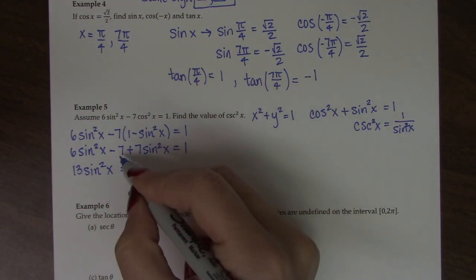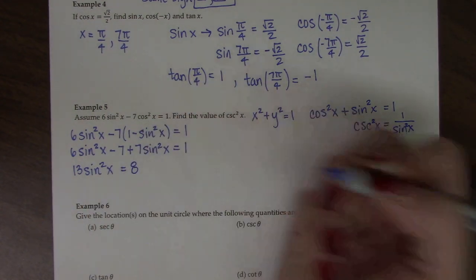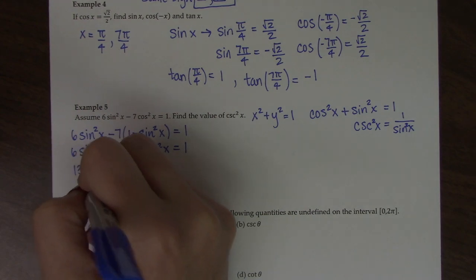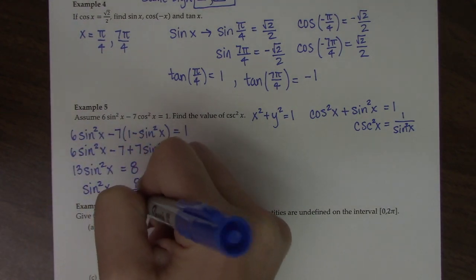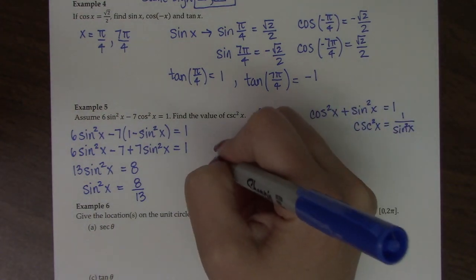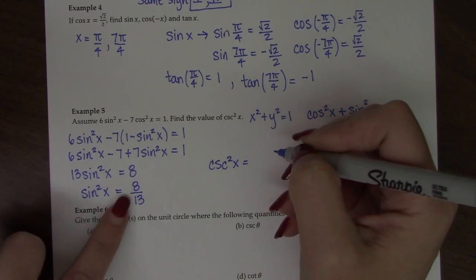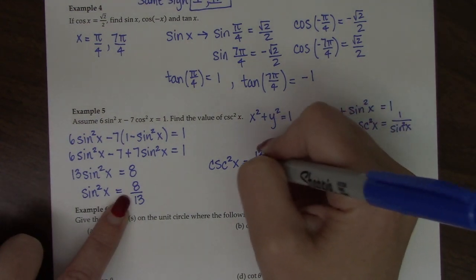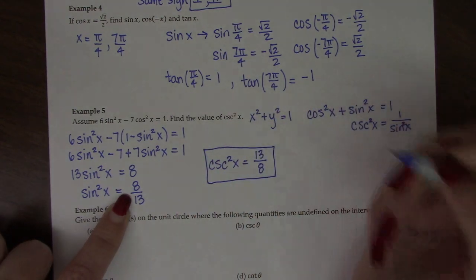I have a negative 7 that I'm going to add over to my 1, and that makes this 8. So sine squared x equals 8 over 13. So that means cosecant squared x is 1 over this. So we flip the fraction, and now we have this.